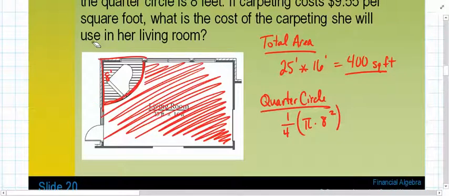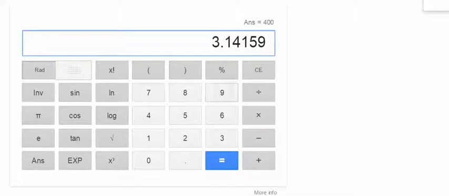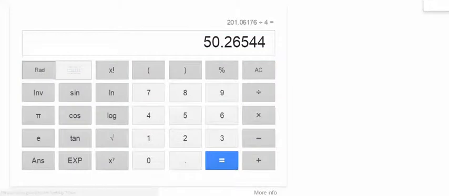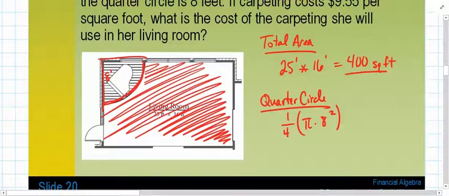So let's see what we get for that result. Pi, we'll use 3.14159. Pi times radius squared, and we want to multiply that by 1/4. Multiplying by 1/4 is the same as dividing by 4. So it looks like the corner where the piano is going to sit only takes up about 50.3 square feet.